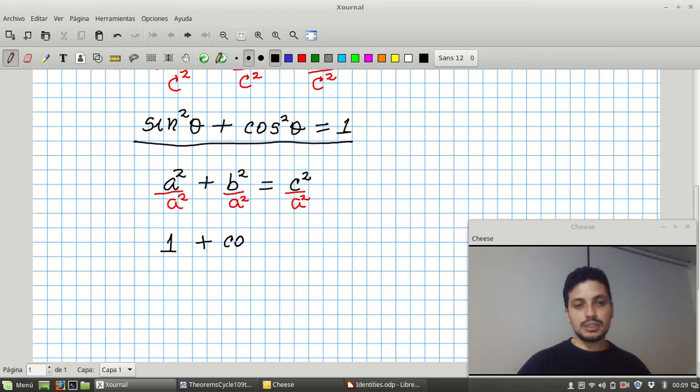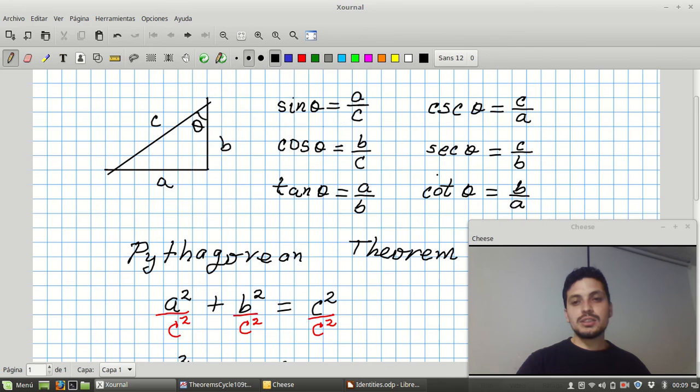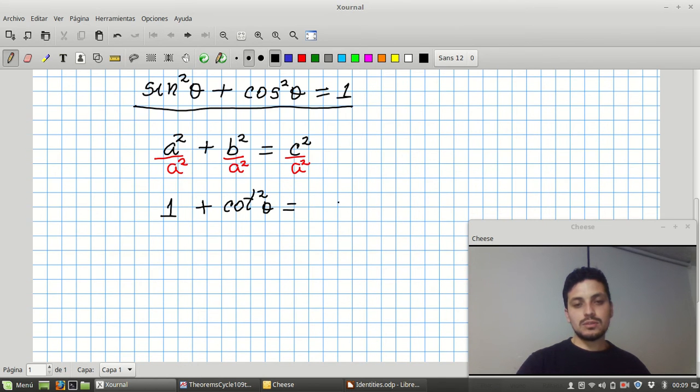So cotangent of the angle to the second power equals c squared over a squared, cosecant. So it's going to be cosecant squared of the angle.